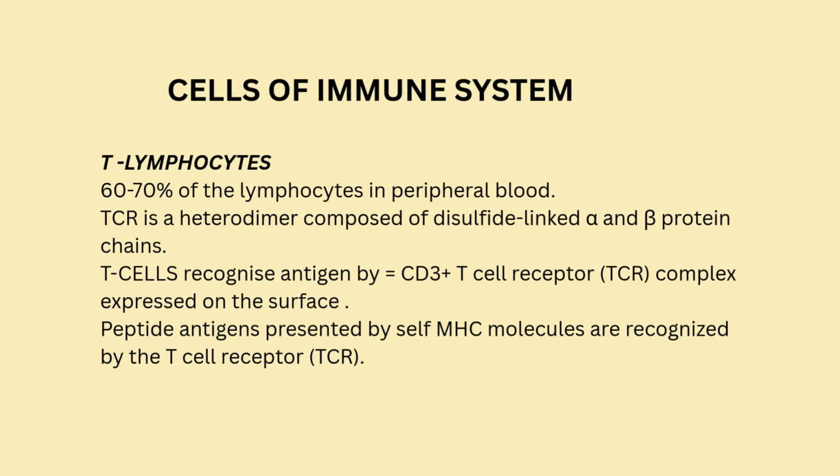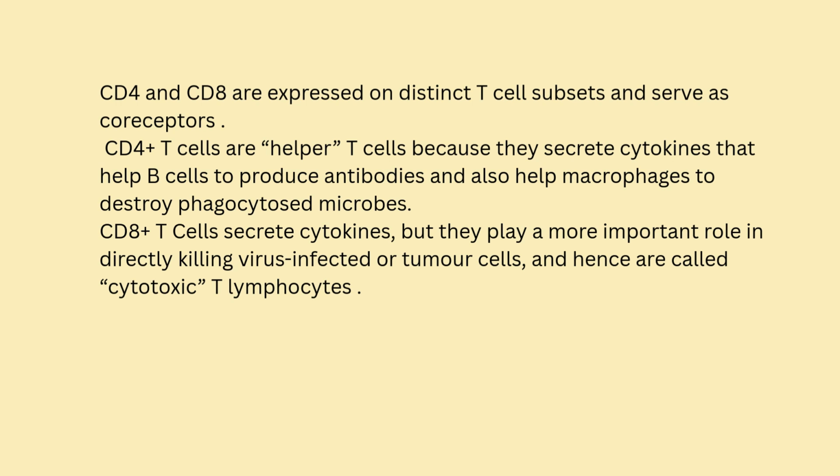and that's how they come to know that these are foreign cells which can harm our body. CD4 and CD8 are expressed on distinct T cell subsets and serve as co-receptors. CD4 plus T cells are basically helper cells. They secrete cytokines that help B cells produce antibodies and help macrophages destroy phagocytosed microbes. So CD4 plus T cells are helper cells which help B cells produce antibodies, so that microbes are killed or phagocytosis occurs.